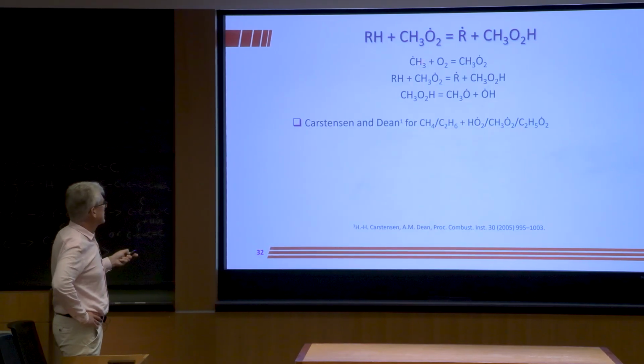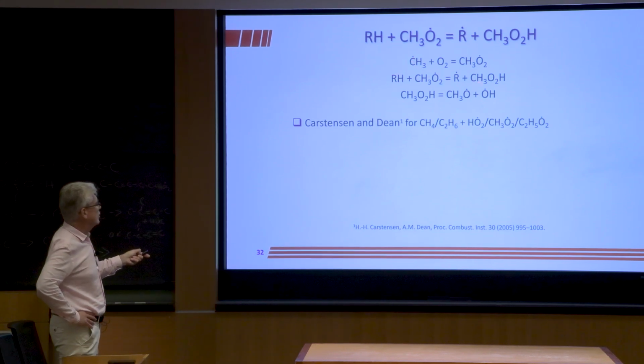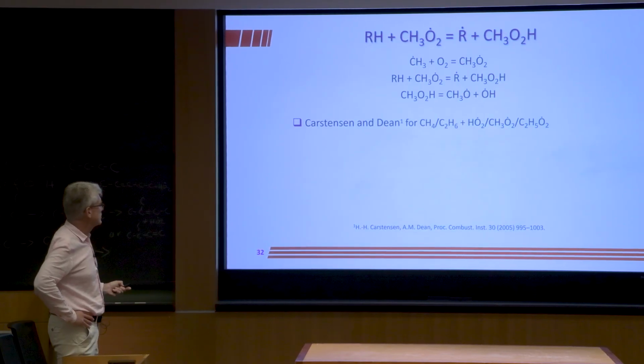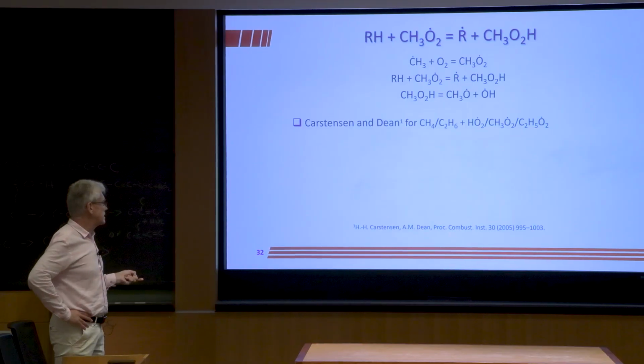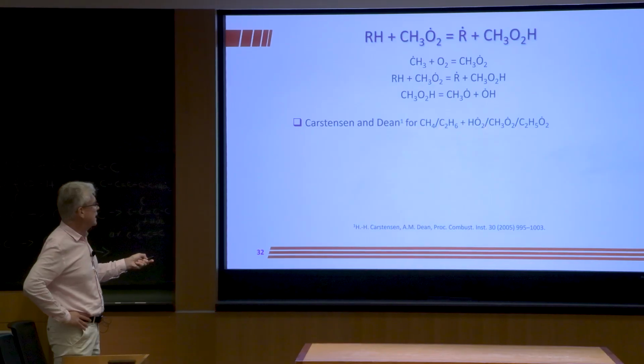So the pertinent reactions are methyl plus O2 giving methyl peroxy, and then they abstract from the fuel to give the radical plus CH3O2H, and then that gives you methoxy plus OH. Again, Carstensen and Dean, I think in the same study as I showed for HO2, looked at methane and ethane plus HO2, methyl peroxy, and ethyl peroxy.